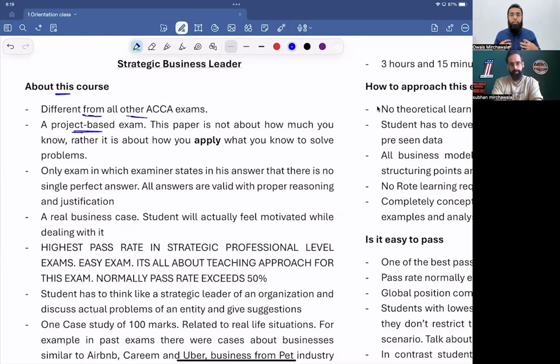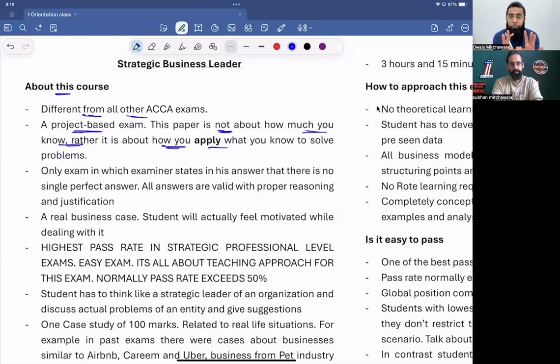You are a business consultant listening to a client who has brought up his real business problem. So, this paper is not about how much you know, rather, it is about how you apply what you know to solve the problems. Do you have the ability to solve the problem of the client?